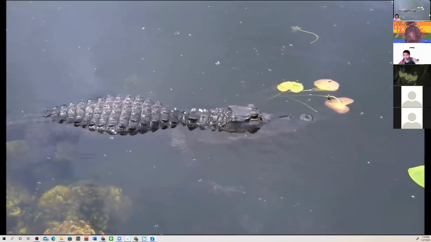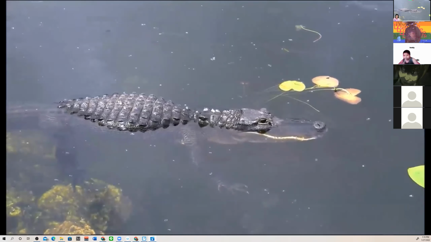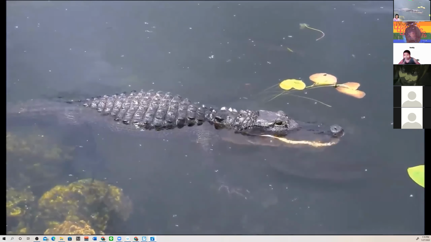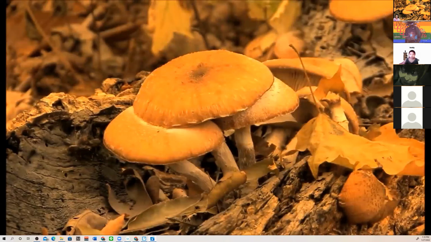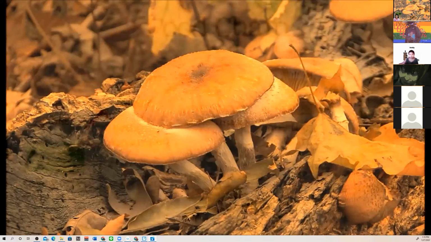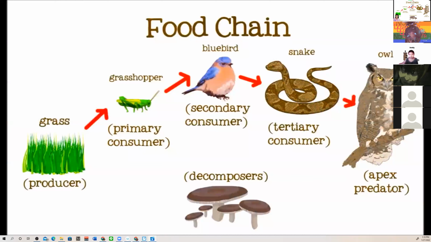Just because they don't get eaten doesn't mean that they don't contribute to the food chain, however. When an animal dies, their body is broken down by decomposers. Decomposers are usually bacteria and fungi that break down dead plants and animals into nutrients in the soil, that in turn help the plants at the beginning of the food chain to grow. It's the circle of life.